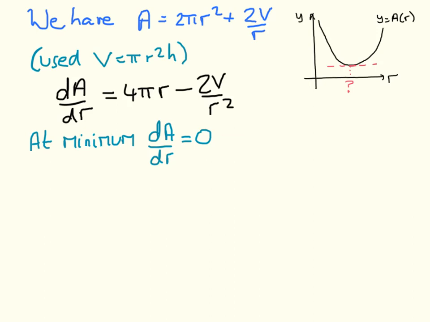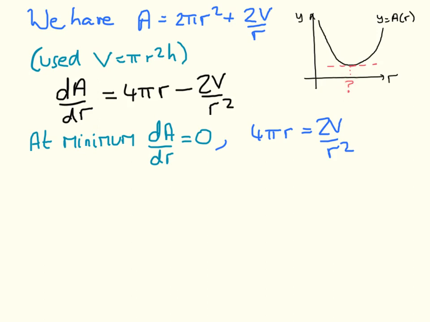So we're going to have that 4 pi r is equal to 2V over r squared. Now, we are interested in finding the value of r where we have the minimum area. This value of r is not going to be r equals 0.